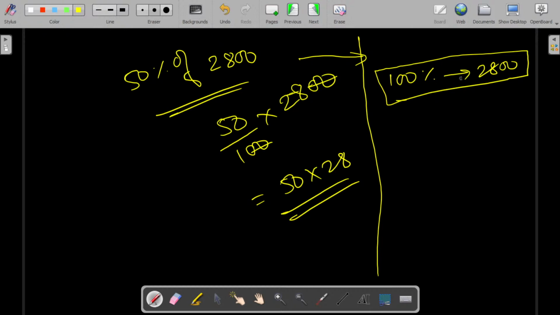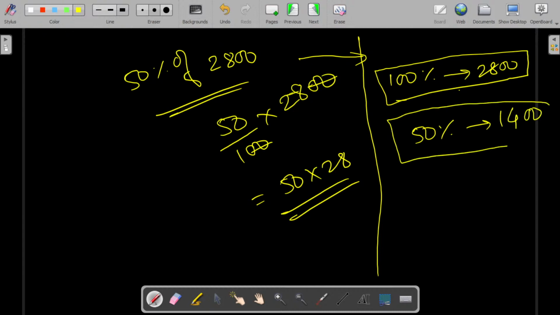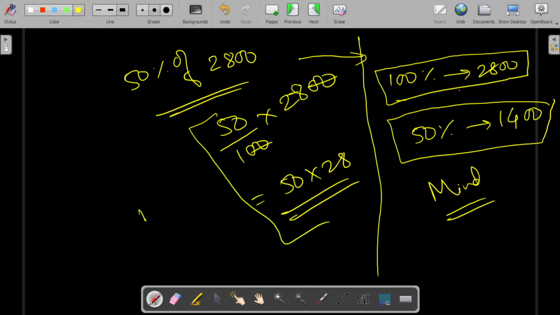So 2800 is 100%, and its 50 percentage is how much? 1400. Mind calculation means you need to calculate without using pen and paper. And this is your normal method of calculation.